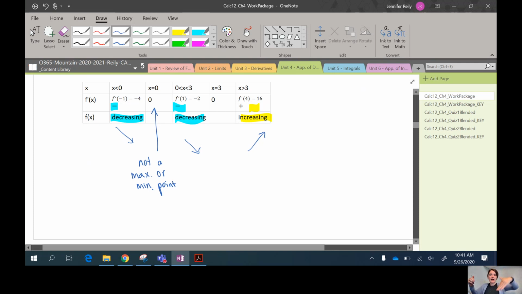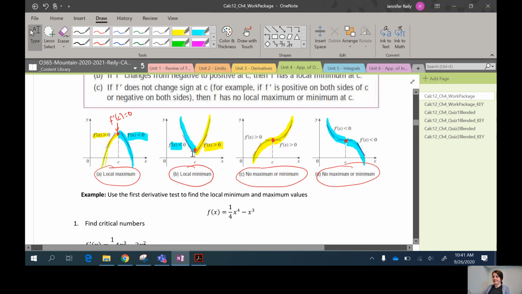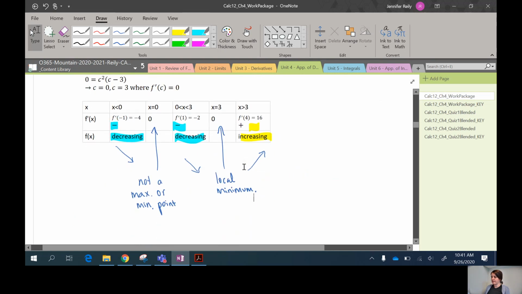However, in this scenario, we're going down and then up, so it's going to be a valley. This is going to be a minimum point, a local minimum. That was scenario 2, right? So if you're decreasing and then increasing, the bottom would be a local minimum.